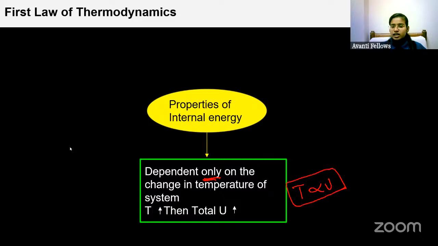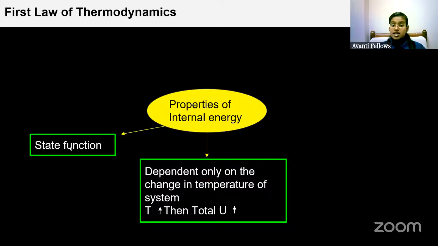If one increases, the other will also increase. Secondly, internal energy is a state function. It depends only on the initial state and final state. So the change in internal energy is final minus initial, that's all.